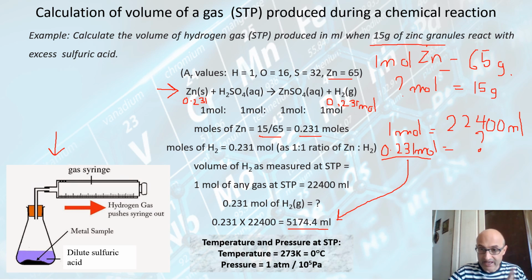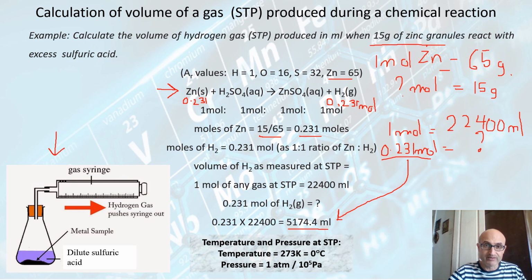Since you would still have the correct balanced equation in front of you, you would know that the reacting ratios throughout are 1 mole is to 1 mole is to 1 mole is to 1 mole. So if you have 0.231 moles of hydrogen, you must have started off with 0.231 moles of zinc.